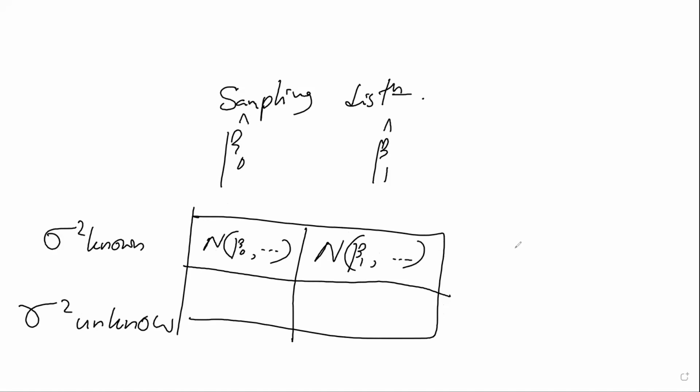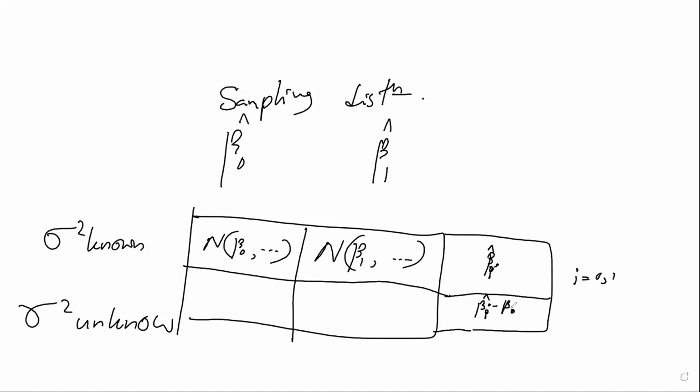So you have to write the quantity as well. Here, beta naught hat minus beta naught. I should say beta i here; i can be 0, 1.